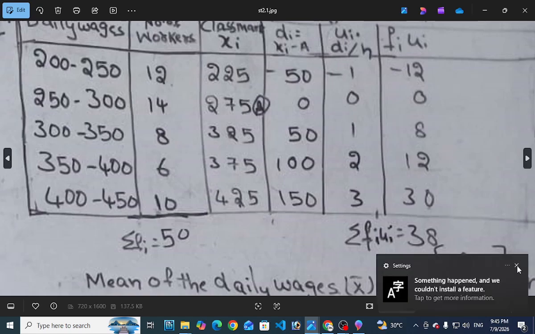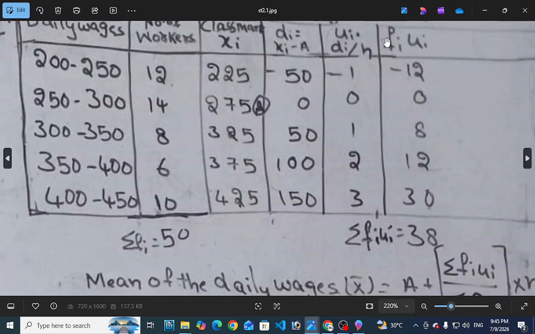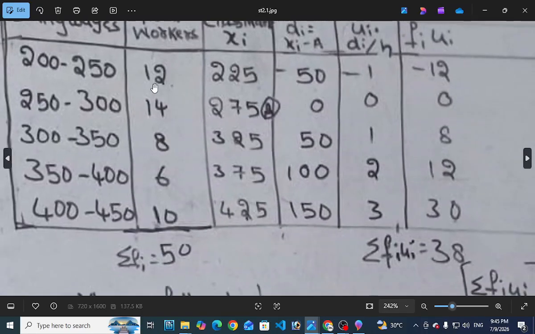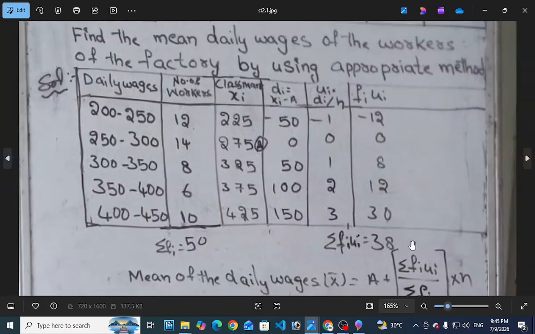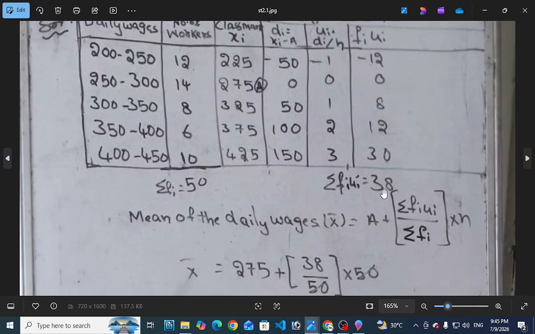Next, we are finding fi ui, the product of ui value and fi value. That is 12 into minus 1, minus 12. 14 into 0, 0. 8 into 1, 8. 6 into 2, 12. 10 into 3, 30. Then after summing all the values, we got 38. The sum of the frequencies we got as 50.